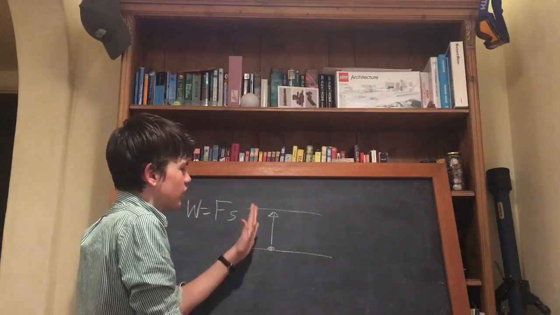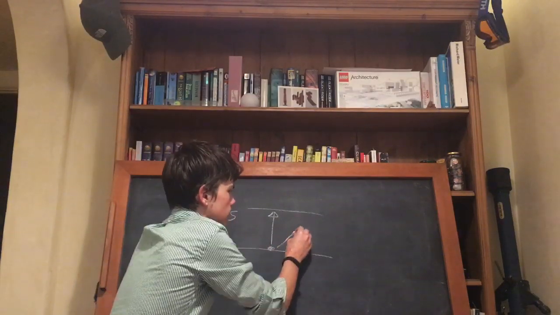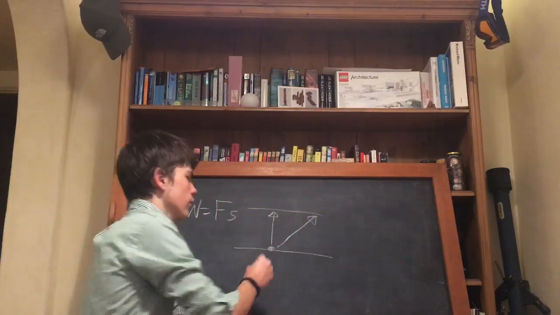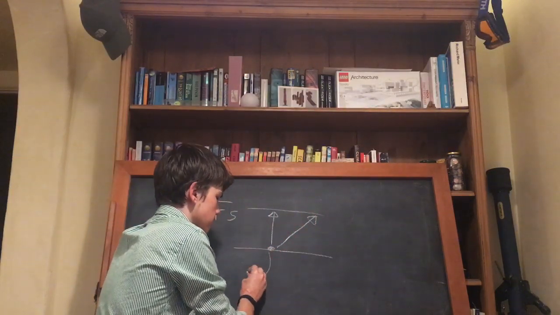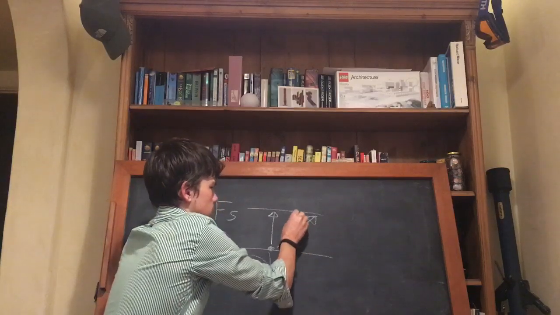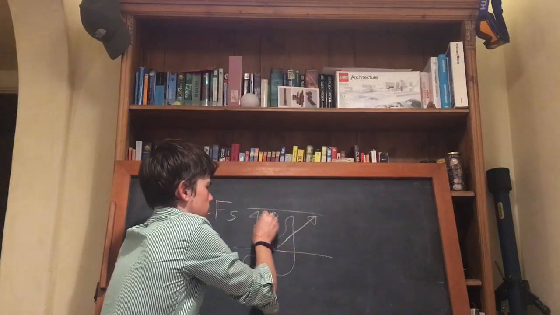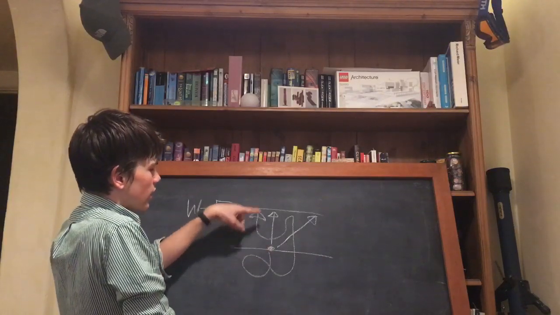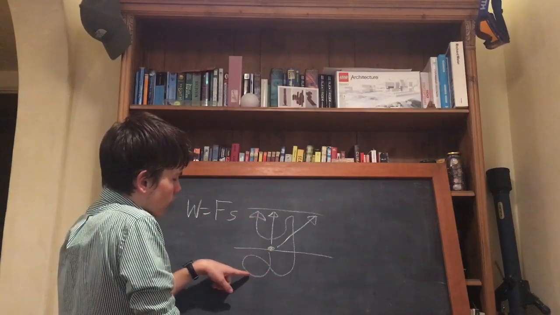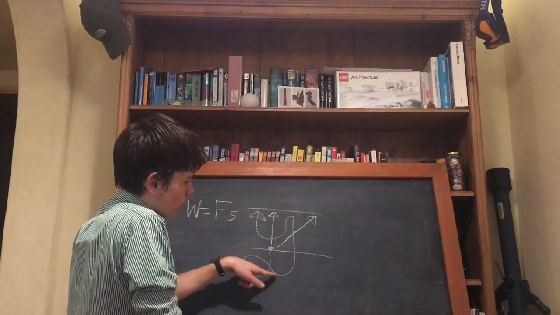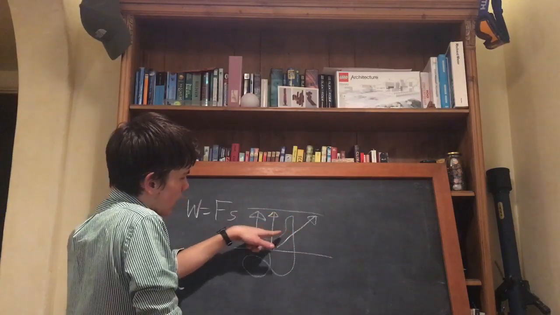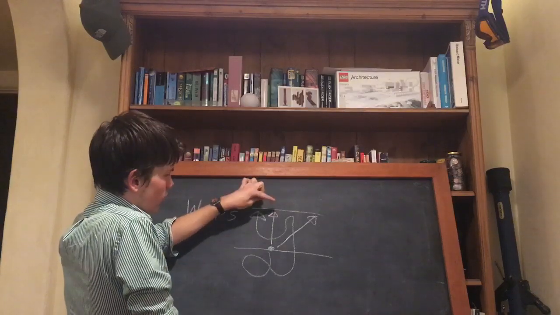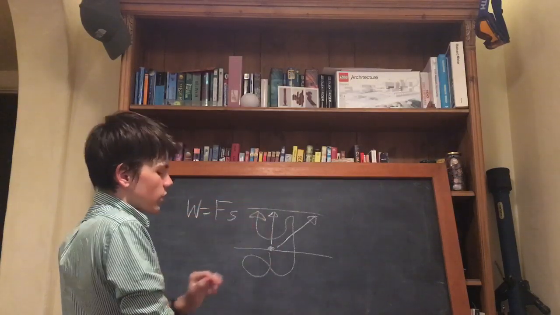That uses the same amount of work as something that goes there, same amount of work exerted, or something that even takes a very long path, but it's because this would count as negative work, positive work, negative work, positive work, negative, negative, positive. So it all actually equals the same amount as when you go straight up.